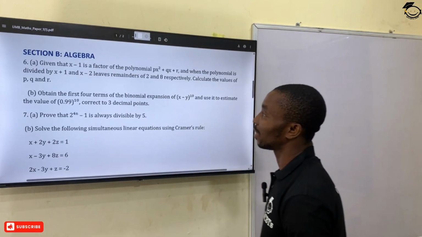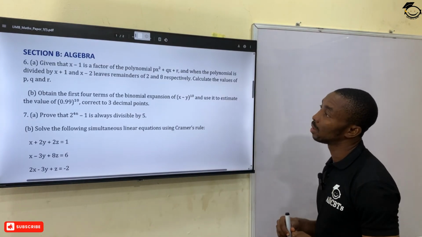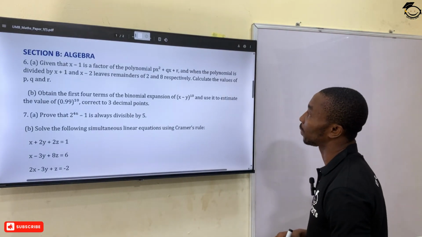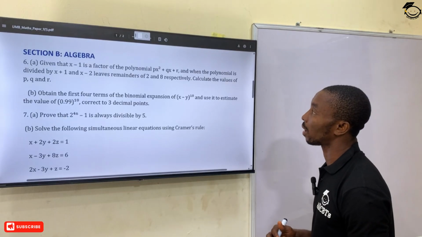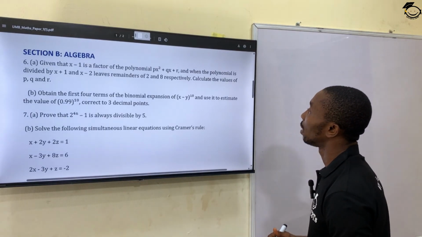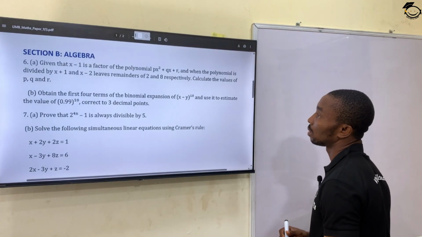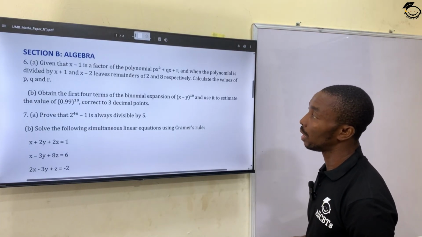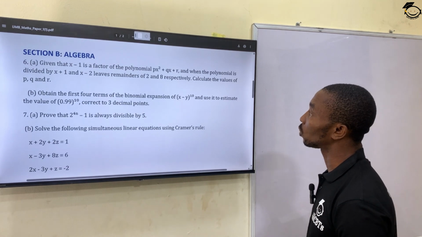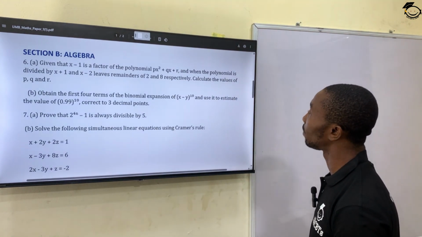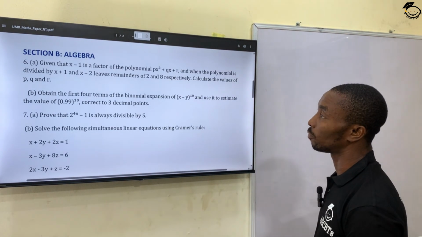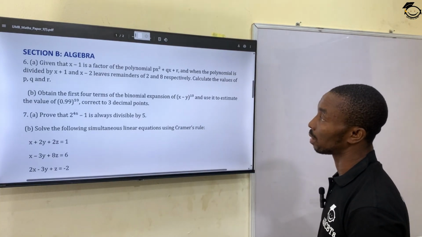Given that x minus 1 is a factor of the polynomial px squared plus qx plus r, and when the polynomial is divided by x plus 1 and x minus 2 leaves remainders of 2 and 8 respectively, calculate the value of p, q, and r.